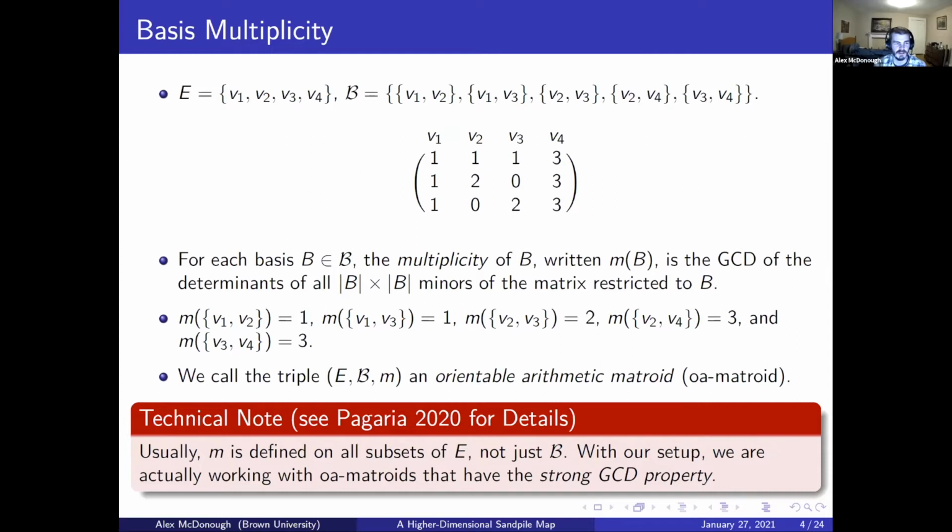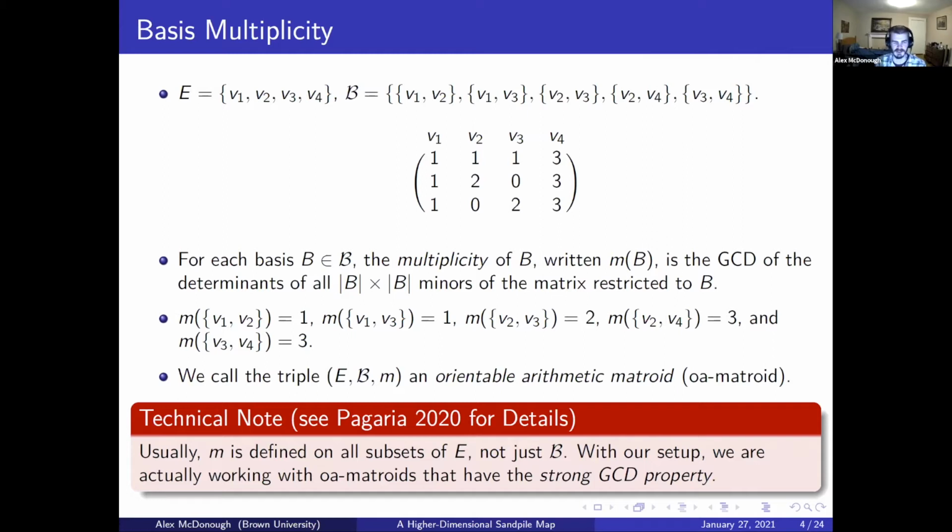So normally, this is where the fact that I'm using a different definition comes in. The fact that we can write this on a matrix like this means that there has to be some orientation that we can work with. If we had a general arithmetic matroid where we didn't require it to come from a matrix like this, then it would not be necessarily orientable.